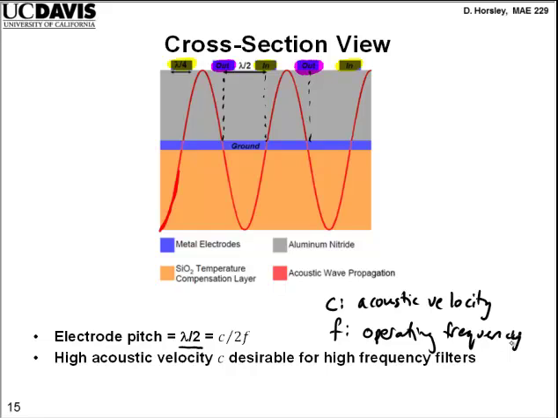High acoustic velocity is desirable for high-frequency filters because you'd like the electrodes not to be too small. It's hard to make electrodes smaller than about a micron, so with a high acoustic velocity the electrodes can be a little bit bigger, which makes them easier to make.